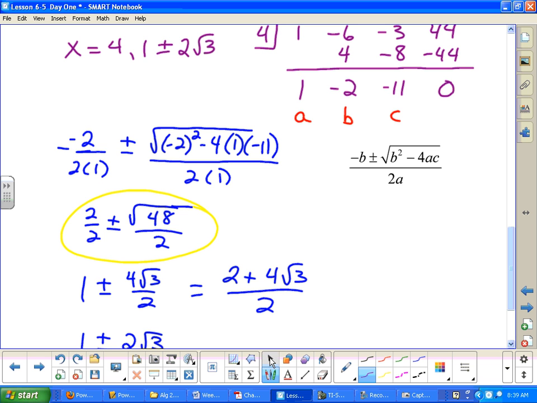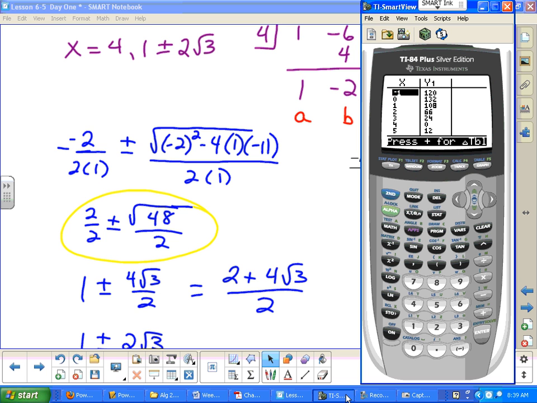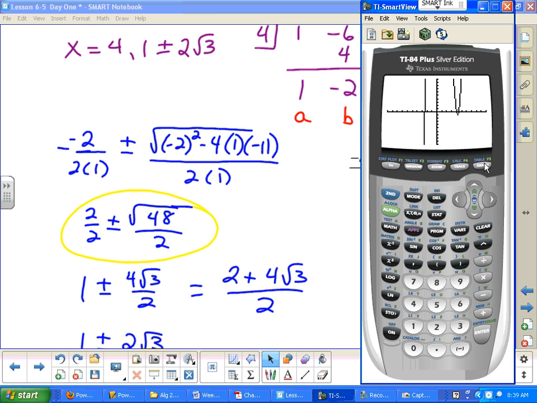And we can actually verify them on our calculator. If we go back to our graph, and if we hit trace, type in 1 plus 2 square roots of 3, we get 0.